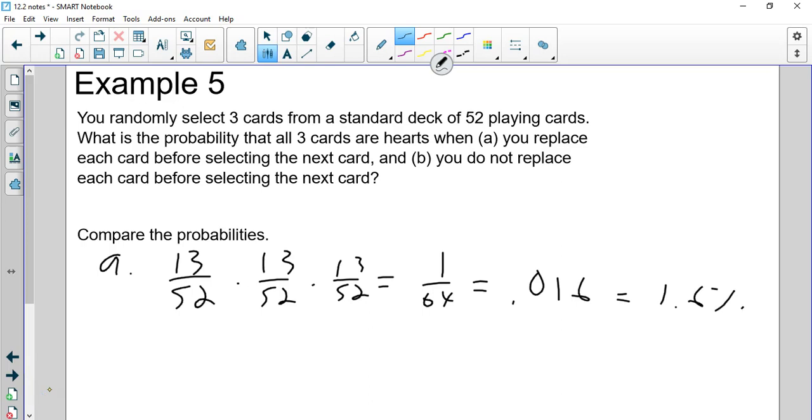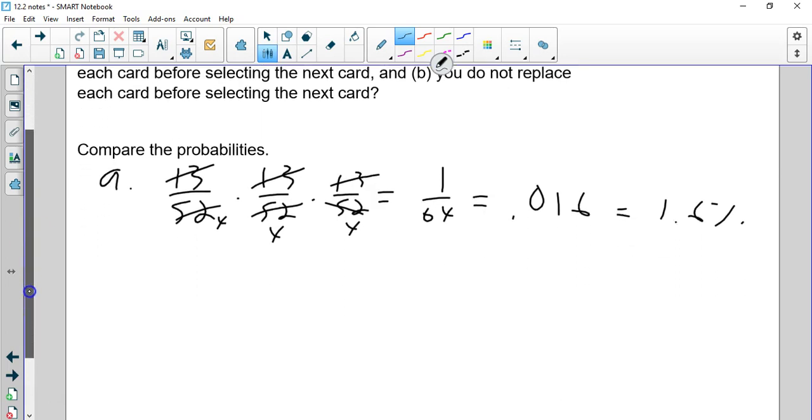If you don't want to deal with the fractions and all that reducing, which is not too bad because 13 actually goes into 52 4 times, so it ends up just being 64. But if you don't want to deal with that, you can just turn 13 over 52 into a decimal and multiply that. Okay? Now that was easy.